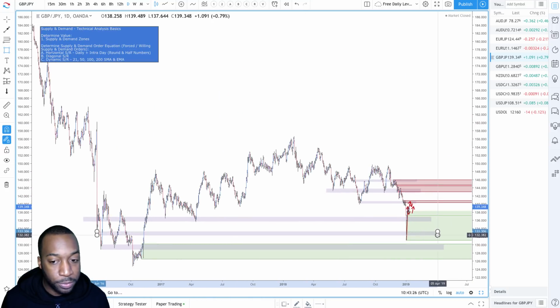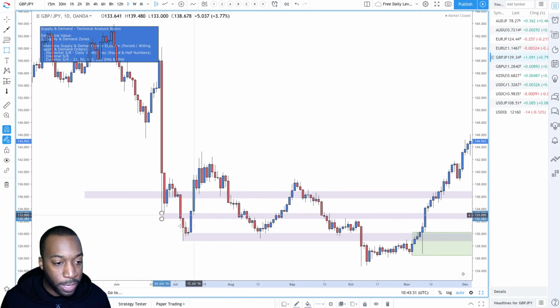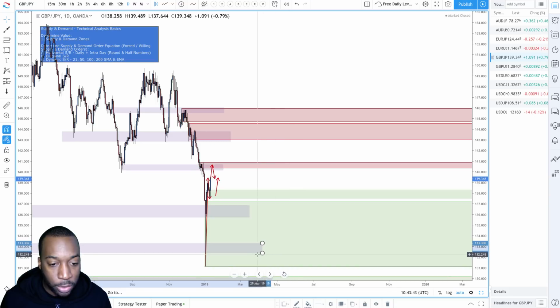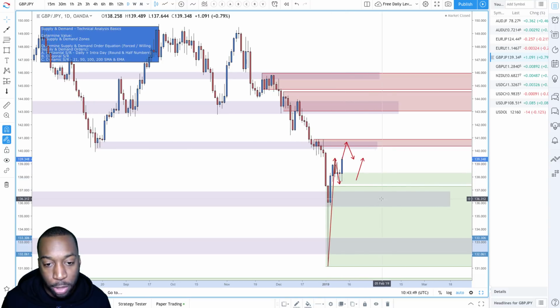So you can see that area right there where you've had again some support, bit of resistance, hasn't reacted, but then you've got a bit of resistance there. I could probably draw that zone slightly lower to encompass that. And then, so those are the two areas, and those are the areas that I'd be looking for buying opportunities within this large demand zone.